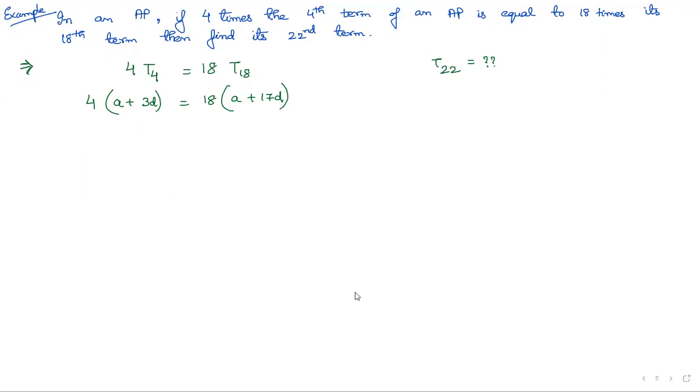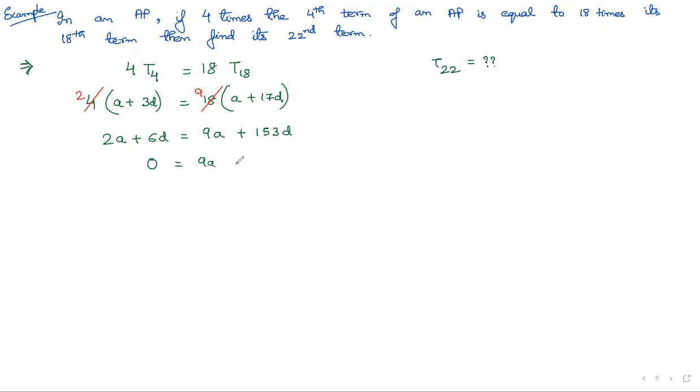2 is common within the 2. So 2 2s are 4, 2 9s are 18. So basically this is 2A plus 6D is equal to 9A plus 153D. 17 into 9: 7 9s are 63, 9 153, absolutely perfect. Now I'll shift everything to my right hand side, so this is equal to 0.